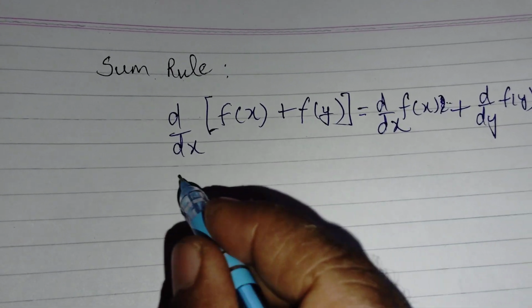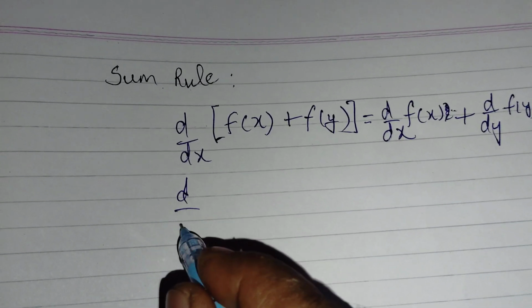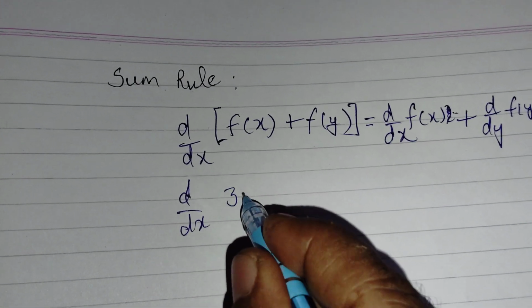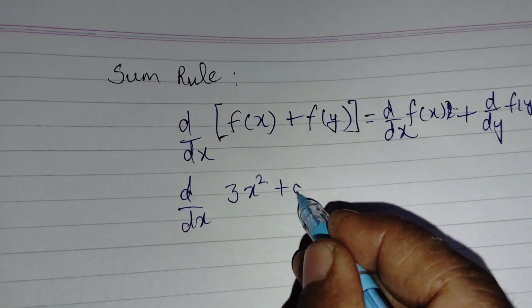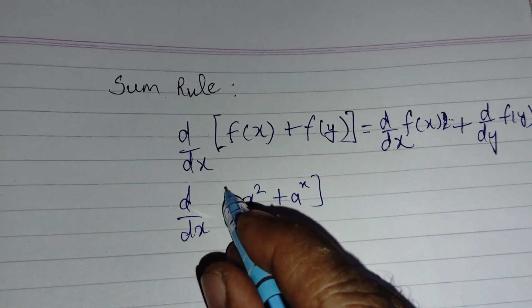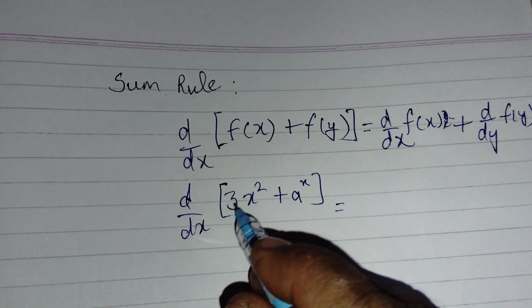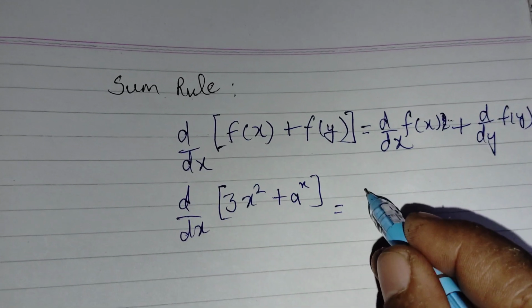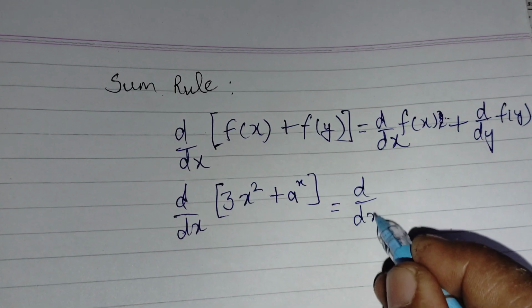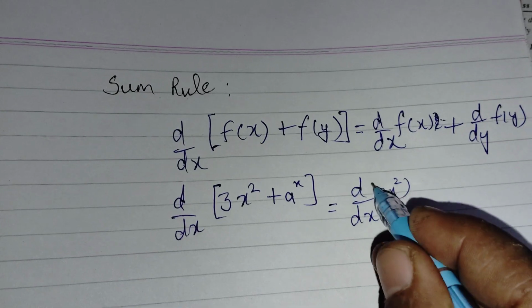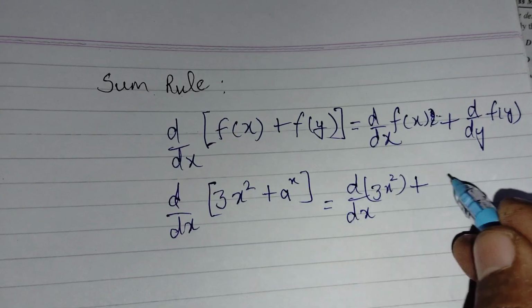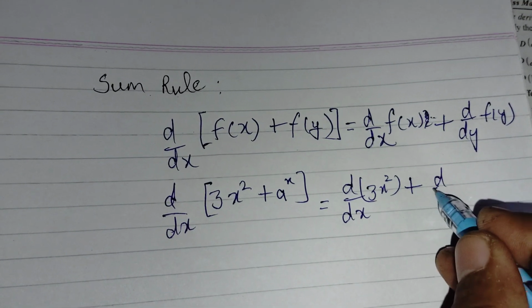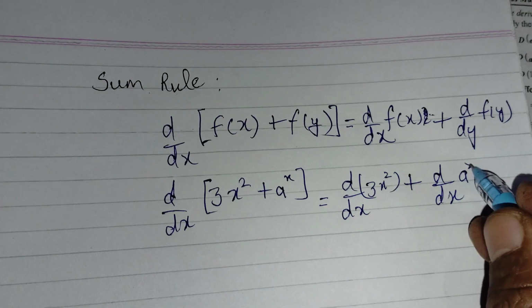Suppose we take an example, d upon dx of 3x square plus a power x. We want to differentiate. So what we do, we first differentiate 3x square, then write plus, and then differentiate a power x.